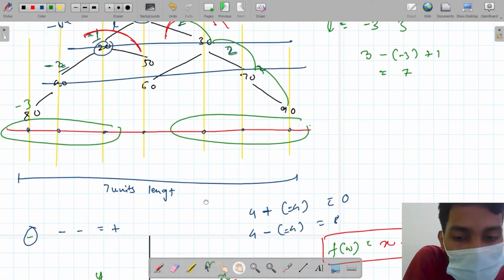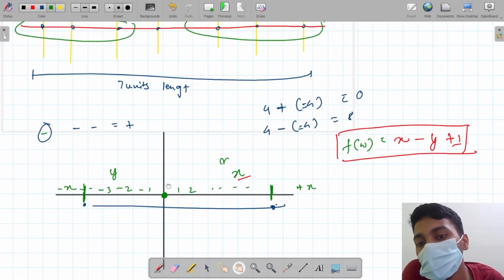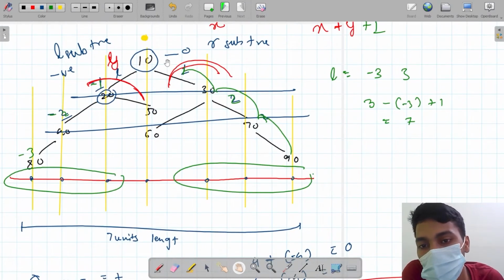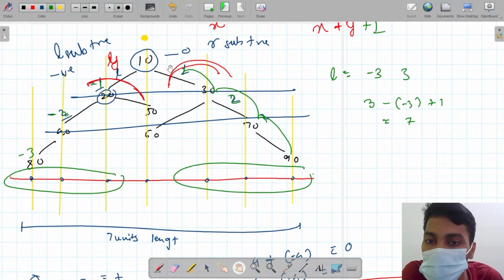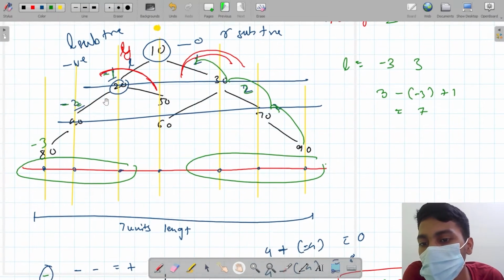Now you must be having a doubt: if I can take a positive value at the right subtree, then why can't I take the positive value at this side?